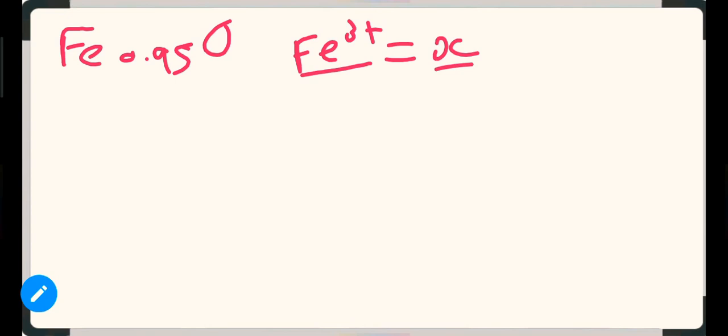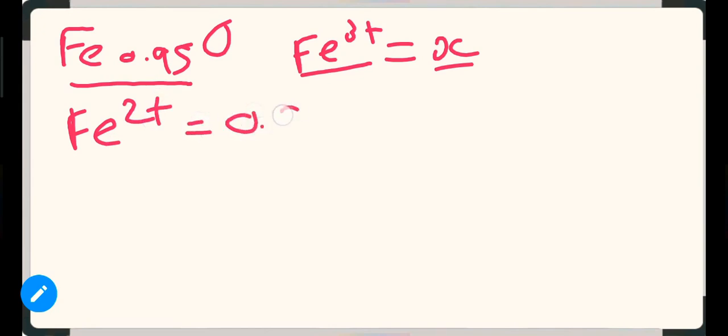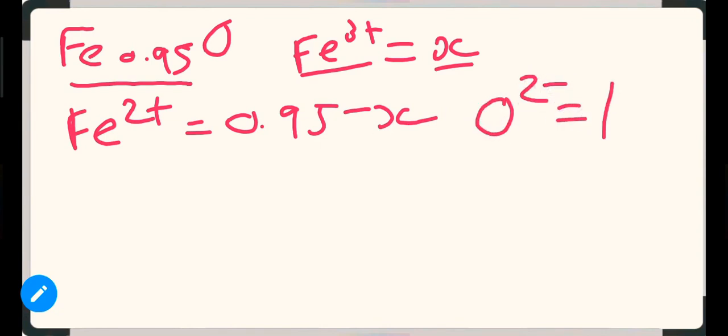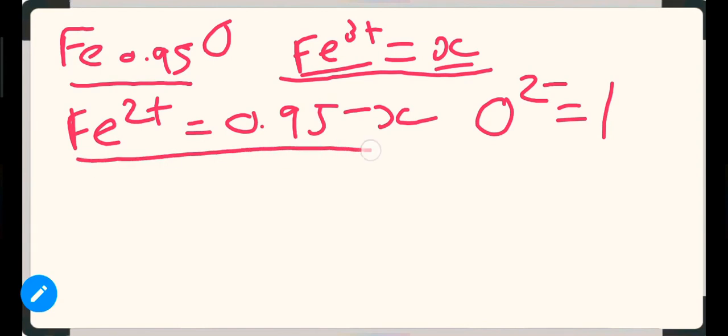Now total Fe is equal to 0.95, which means the quantity of Fe2+ will be 0.95 minus x, and the quantity of oxygen is equal to 1. So the number of Fe3+ is x, the number of Fe2+ is 0.95 minus x, and the number of oxygen is 1. Let us use these values in the equation.